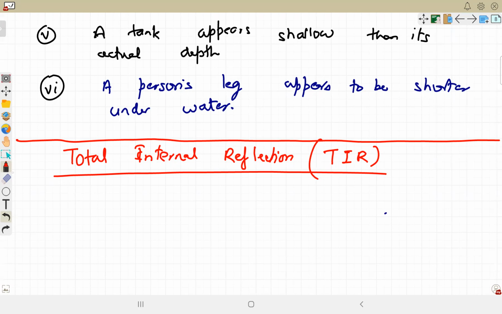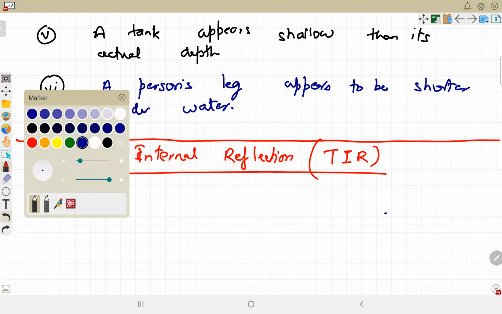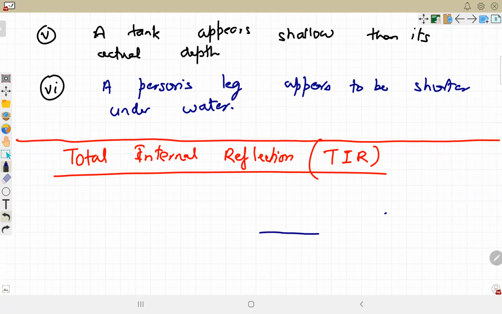How and why does it happen? Let's see. The same case: there is an object, maybe a point luminous object, present in a denser medium.